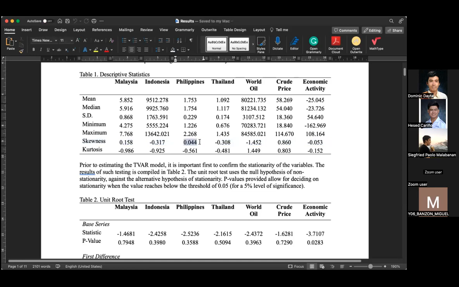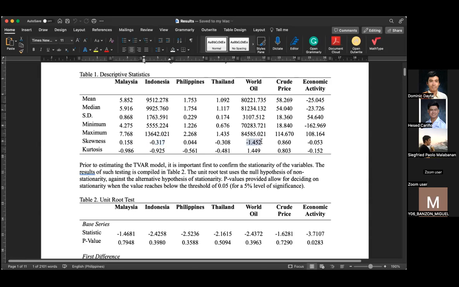For the Philippines, it's mostly symmetric. For Malaysia, there's a slight positive skew because 0.158 is a positive number, but still it's small, and it's close to zero. So we still say that it's mostly symmetric. The same goes for Indonesia, which has a slight negative tendency, but because it's still close to zero, it's symmetric for the most part.